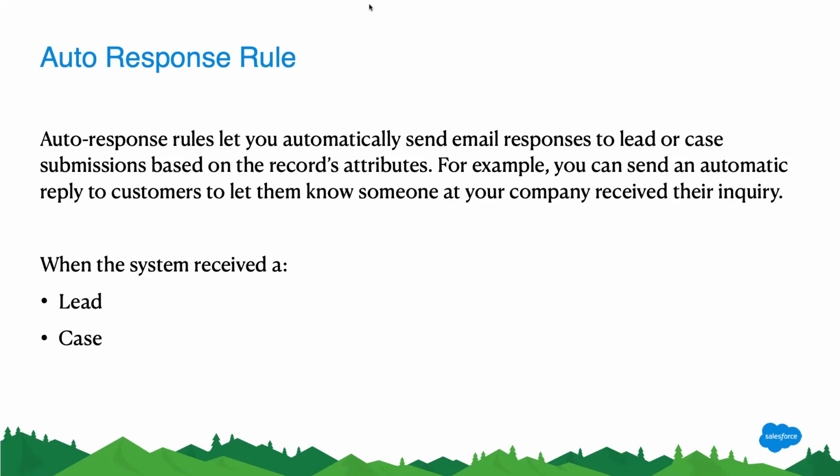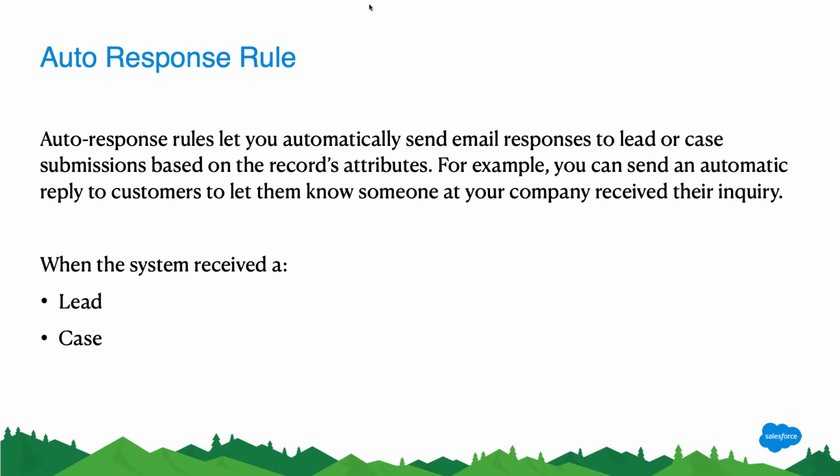If you want to do auto response, we need to capture the email address. When the case is created in Salesforce, the auto response rule checks the condition: if the origin is web, or if the origin is email, do this response. The system will check, yes, there's an auto response rule, so for this case we have to send the email to this address.